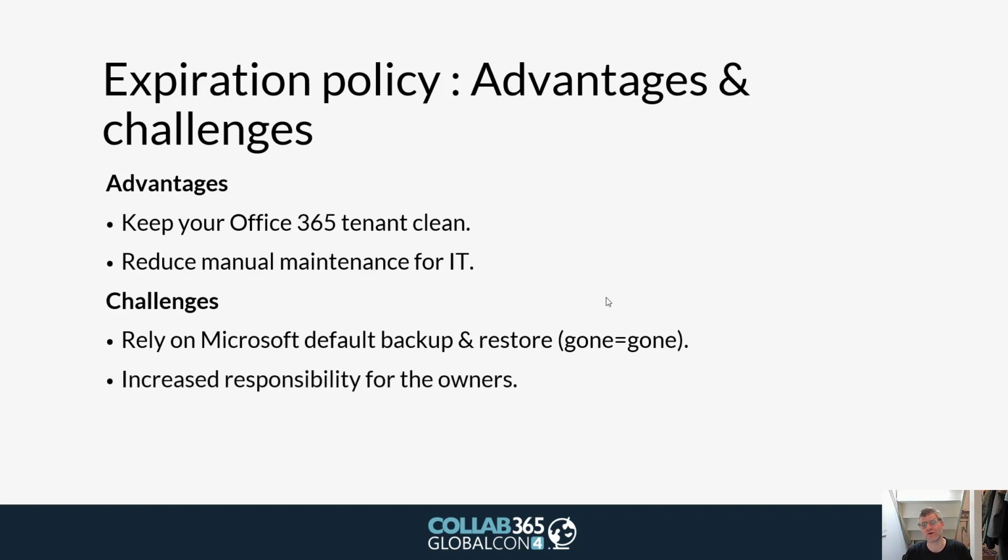It's a responsibility for the owners because they are the ones who will get an email asking them, hey, do you want to keep or remove this team? So they need to be aware, if you implement this, that this is happening, so that they're not surprised when they get that email. Or these days, you also see a little notification in the team. That makes it a bit easier, though. But they need to be aware of it.